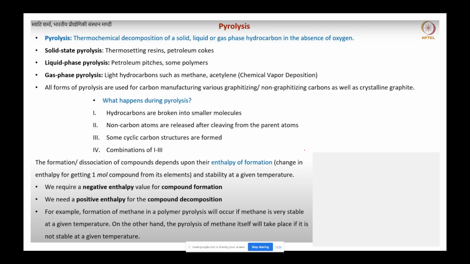Okay, so here in this pyrolysis, we have to know what pyrolysis is. It is the thermomechanical decomposition of a solid, liquid, or gaseous phase hydrocarbon in the absence of oxygen. So here there is no oxygen gas present, so we have to do the thermal treatment, either in the presence of an inert gas or in a vacuum.